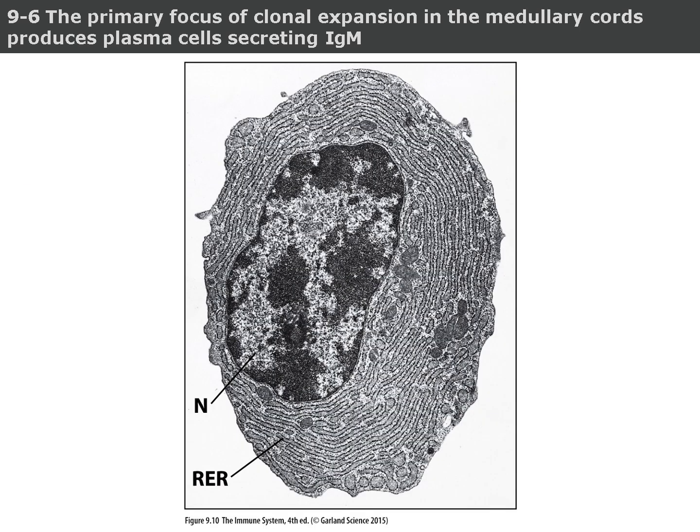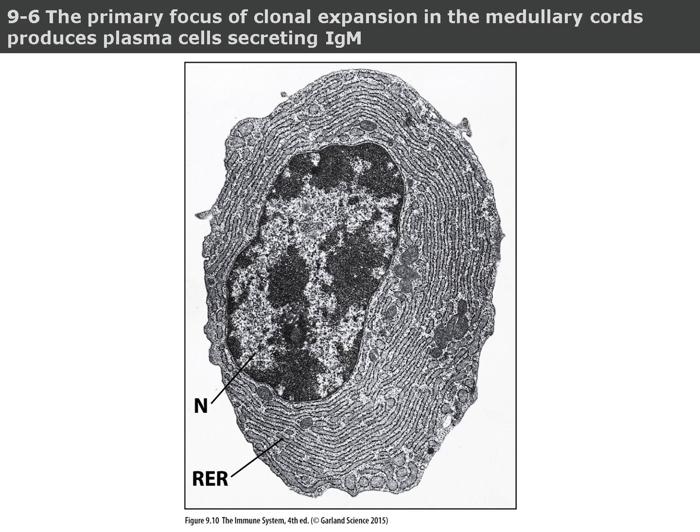This electron micrograph shows a plasma cell, the final product of B cell differentiation following activation and clonal expansion. At the center of the image is the large, dense nucleus, labeled N, which is characteristic of plasma cells actively engaged in transcription. Surrounding it, we see an abundance of rough endoplasmic reticulum, or RER, clearly labeled at the bottom of the image.